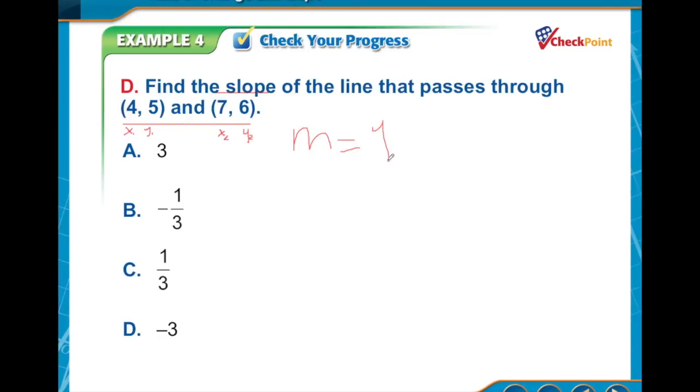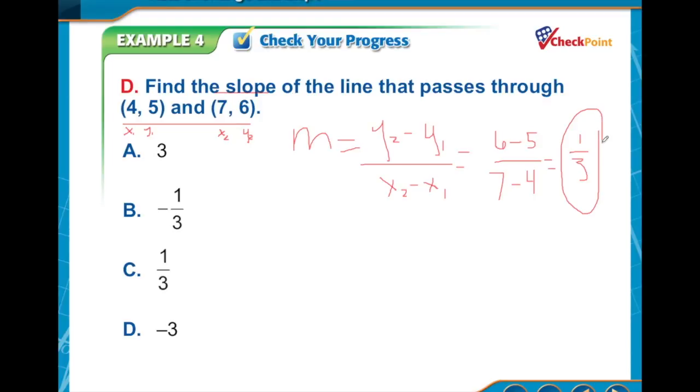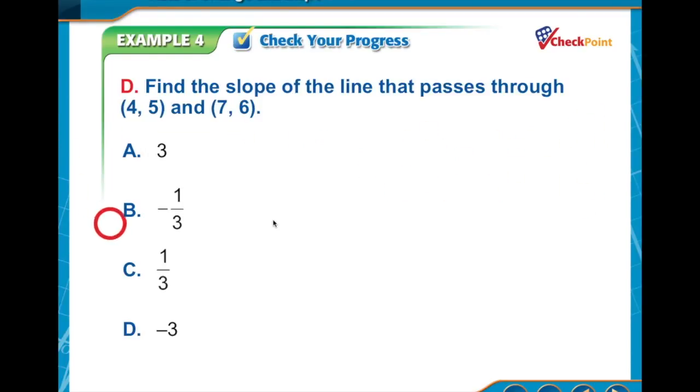So m equals y2 minus y1 over x2 minus x1. So let's plug in now. The difference in our y's is going to be 6 minus 5. The difference in our x's, 7 minus 4. So here we'll get 1/3 as our slope. Just like that. Our answer is C.